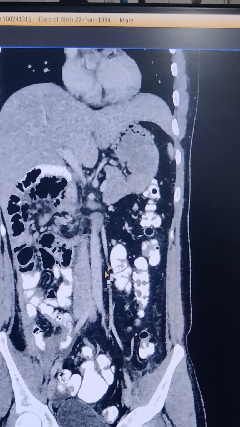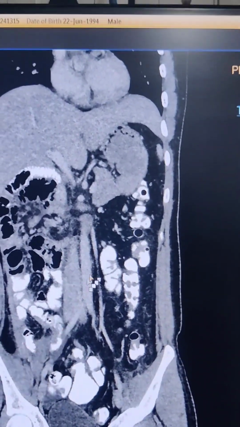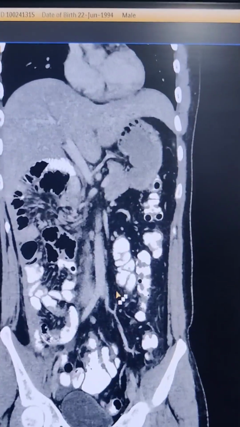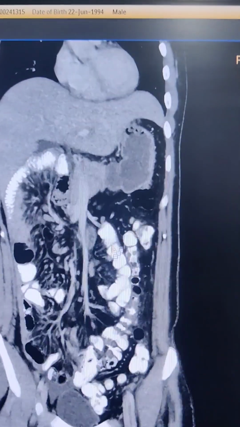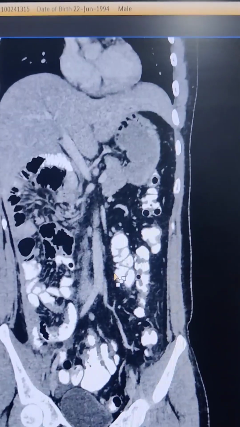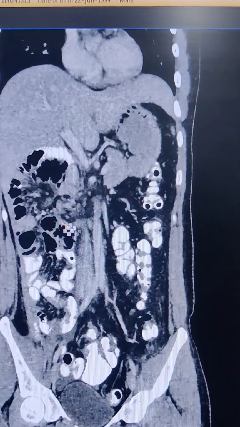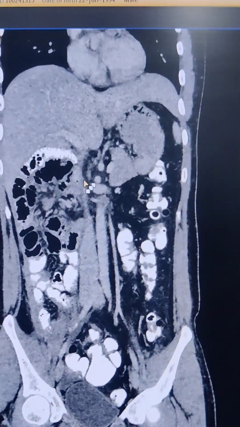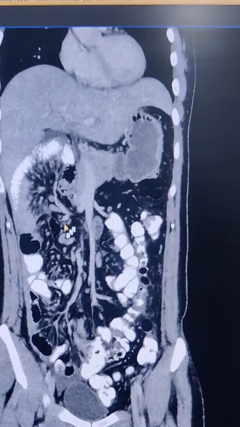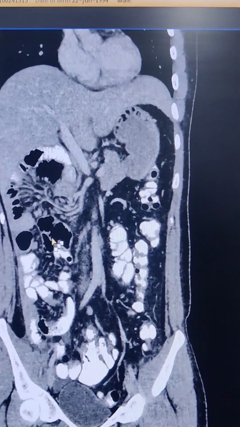This is the path of mesenteric attachment. But in cases of malrotation, there is a narrow pedicle, a narrow attachment of the mesentery. Somewhere here is the only mesenteric attachment we can see. This is the mesentery, and we can see multiple mesenteric lymph nodes also, and this is the narrow attachment.